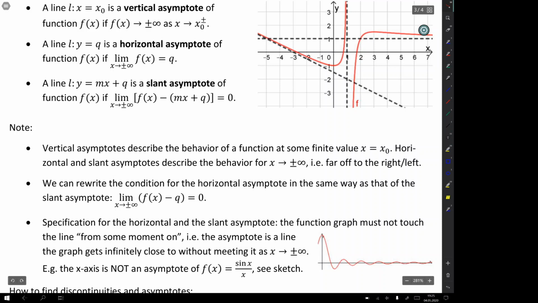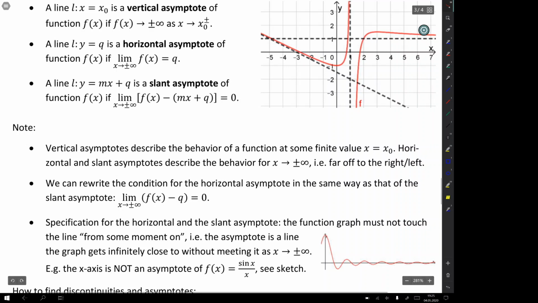For example, look here, the graph meets the asymptote, but then it doesn't meet it anymore. So to the right of this point, it doesn't meet it anymore, so it's fine. Or also with the slant asymptote here, it cuts this asymptote, but when you look here, it just gets closer and closer. And so from a certain moment on, actually from here on, it will never touch it anymore.